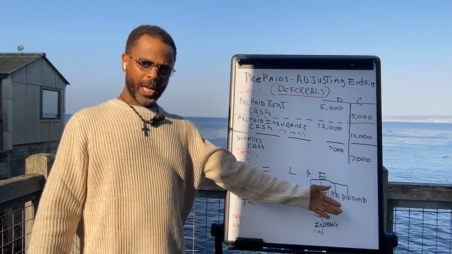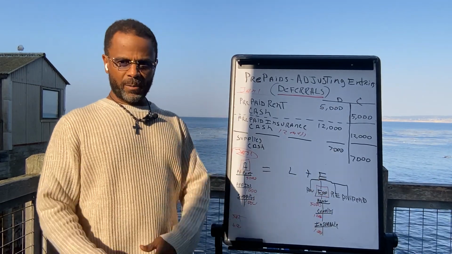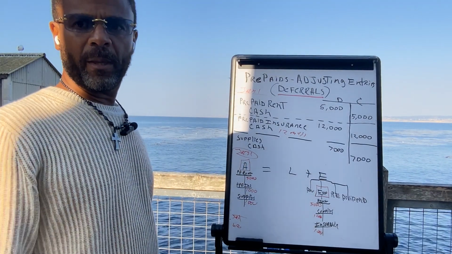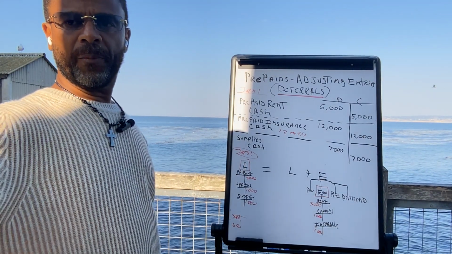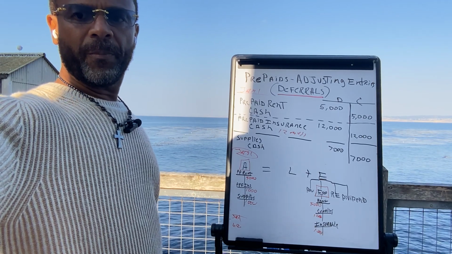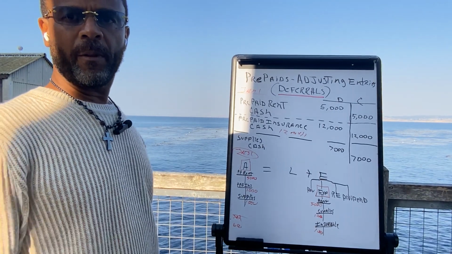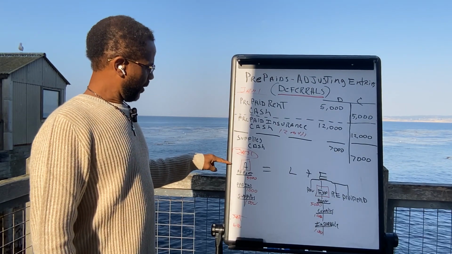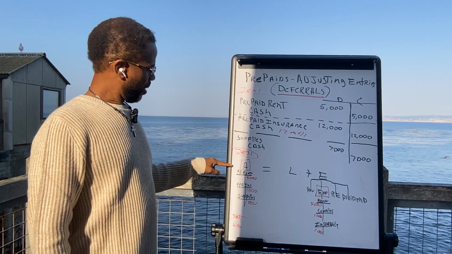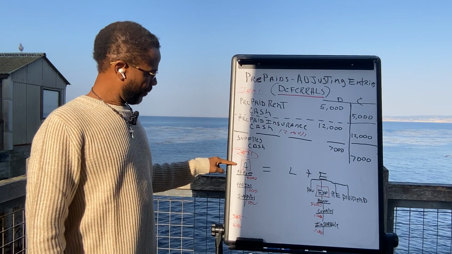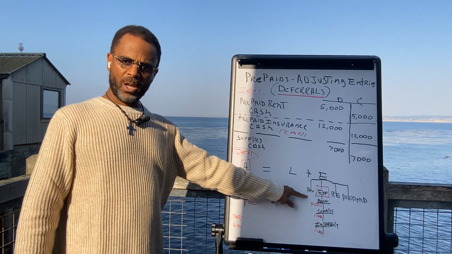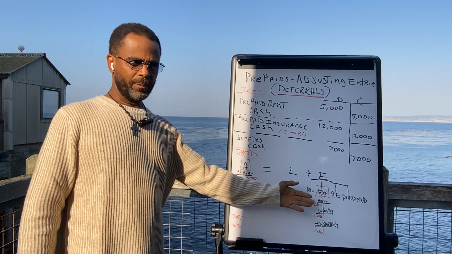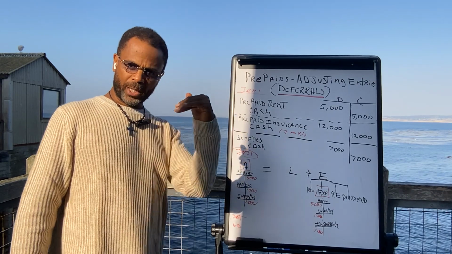If you did net income, revenue minus expenses, your income would have been overstated. So as I said, the assets are no longer overstated and the expenses are no longer understated. And your net income, had you not done that, would have been overstated because you didn't reflect expenses that should have brought your net income down.